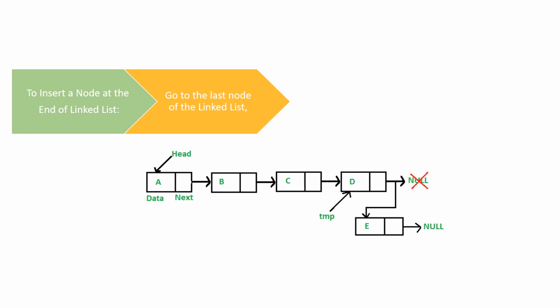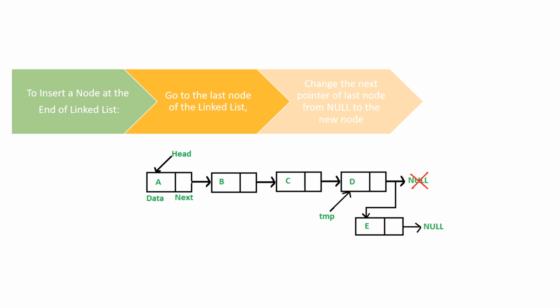For this we can go to the last node of the linked list and change the next pointer of the last node from null to the new node. We already know the last node points to null, since it doesn't have a node after it, so the last node will always have a null next pointer.